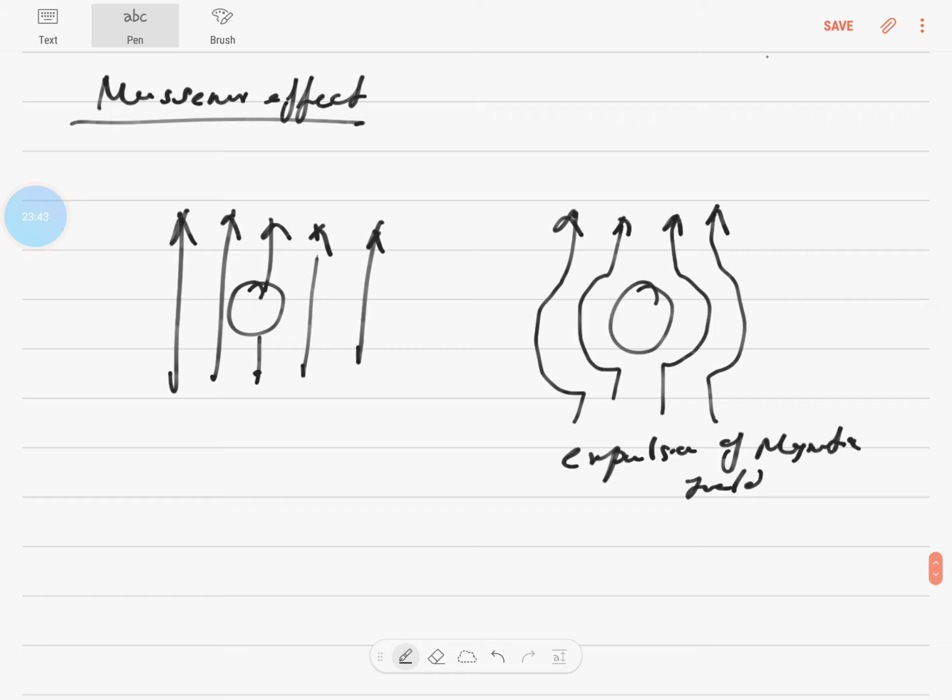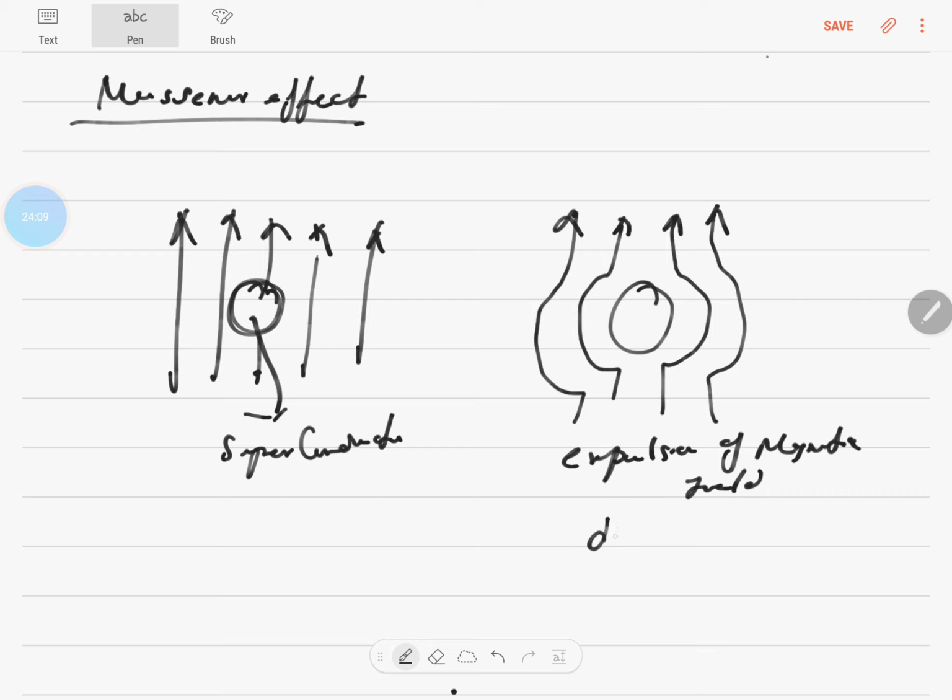The Meissner effect indicates that you're placing a superconductor in a magnetic field. How do you get a superconductor? By reducing the temperature. For example, mercury at about 4 kelvin, and you place it simultaneously in a magnetic field. At a particular temperature, the magnetic field lines get expelled, and it behaves like a perfectly diamagnetic substance.